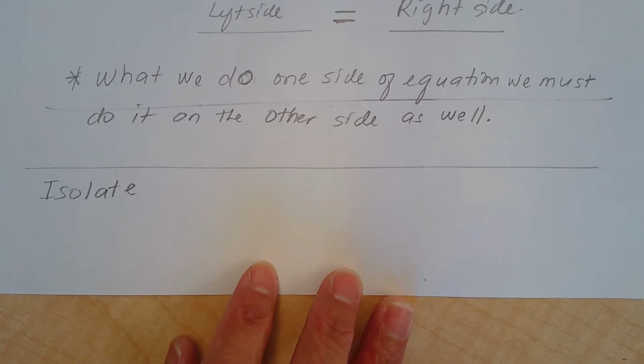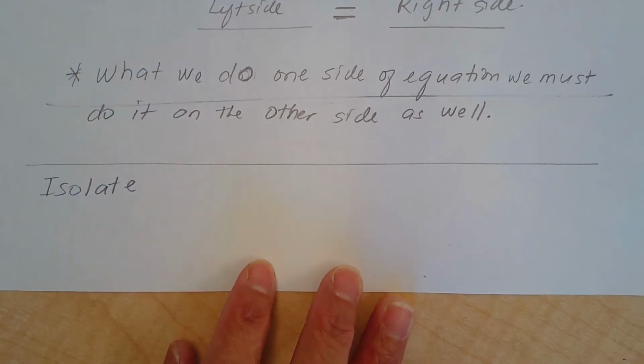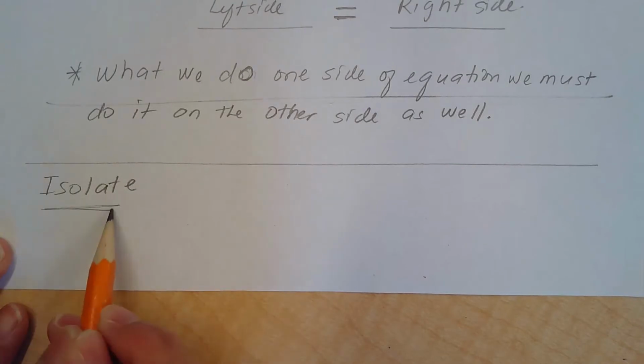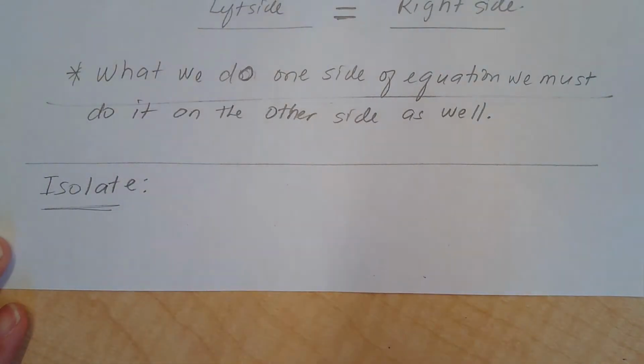So we're isolating the x. 7 plus 2 equals 9. Okay. Oh, we're going to get into that example later. You're getting ahead of me. That's okay, Jabbar. Isolate. What does the word isolate mean? Is leave it alone. Leave it alone.